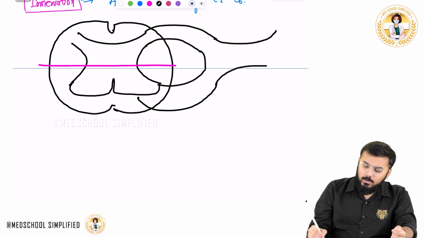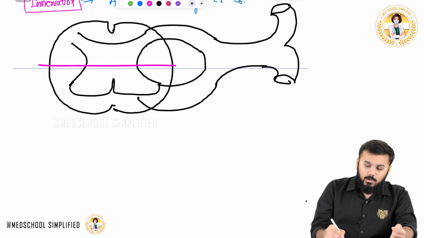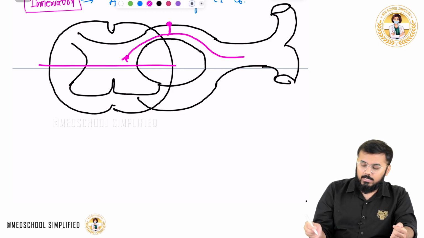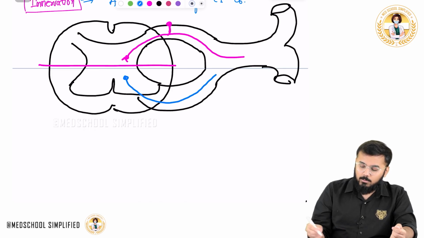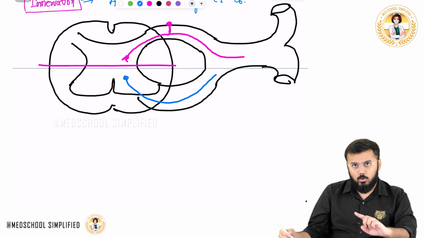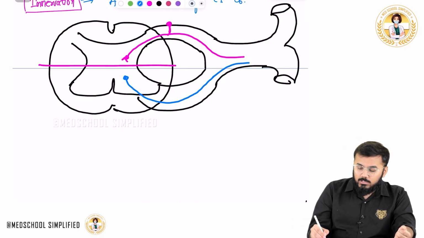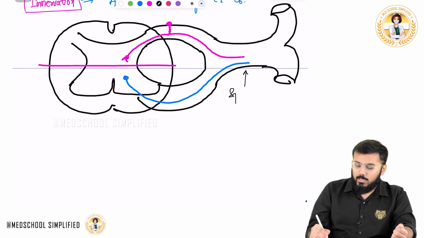This spinal nerve divides into two branches: one is called the posterior rami, and the other is called the anterior rami. The neurons present here are sensory neurons, and the neurons present here are motor neurons. The blue color neurons are motor neurons and the pink color neurons are sensory neurons. Where do sensory and motor neurons meet? They meet in this structure called the spinal nerve.